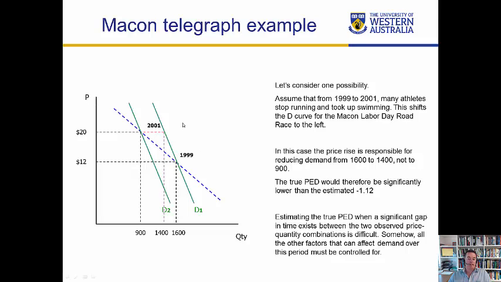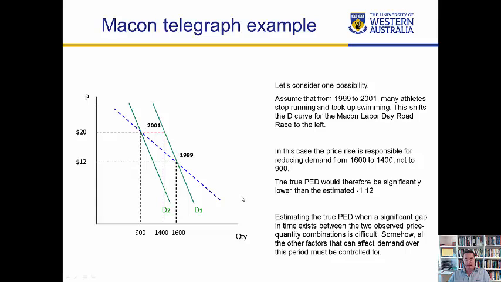What I should have done is used the point $20, 1400 units and the point $12, 1600 units. I should have used those 2 points on the demand curve D1 to calculate the price elasticity. Of course, I don't really know what that point at a price of 20 on demand curve D1 is. I've assumed it's 1400, but I don't actually have that value. I've just made the number 1400 up to illustrate.